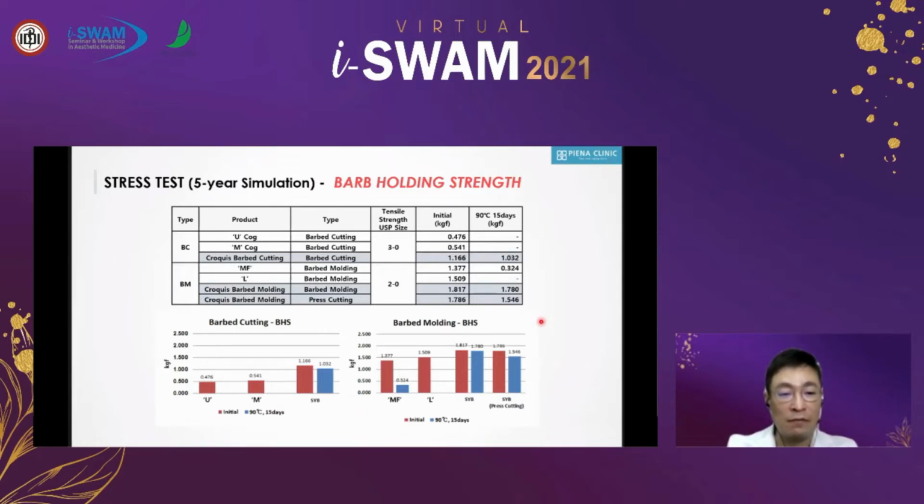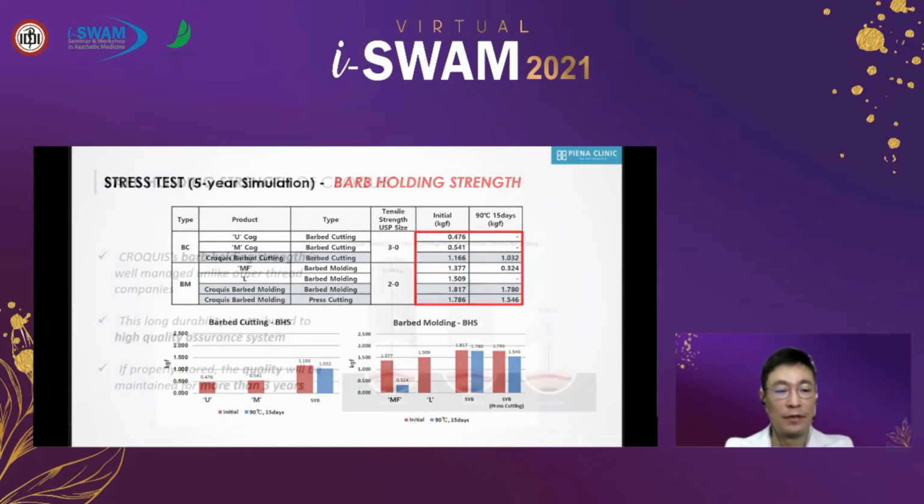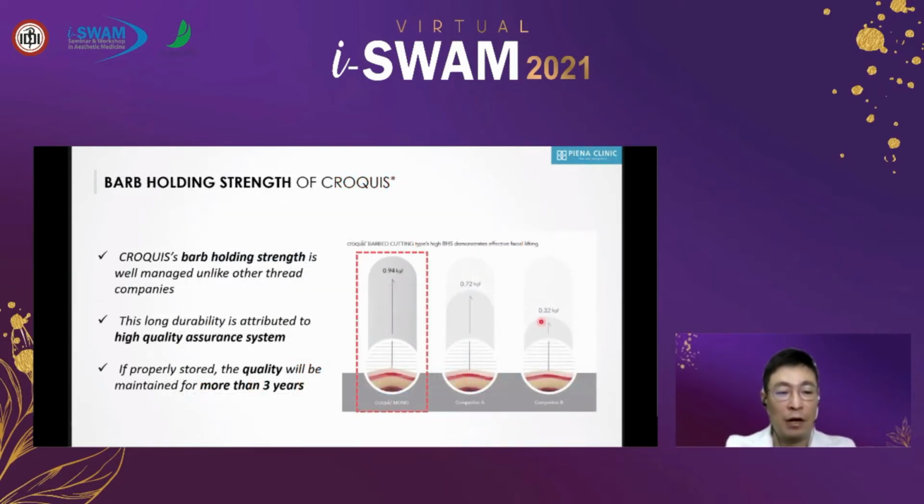As the results of this stress test show, Crocky has excellent durability. Its barb holding strength is well managed by a high quality assurance system from Samyang Company. As a result, Crocky has outstanding durability. If properly stored at room temperature, the quality of Crocky will be maintained for more than 3 years.